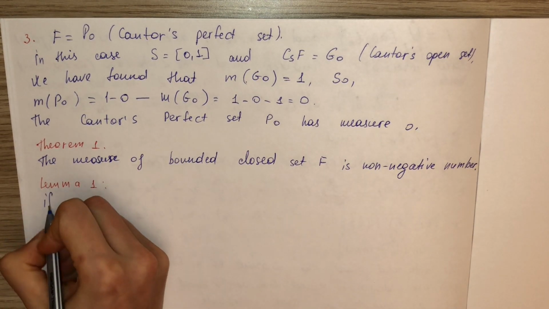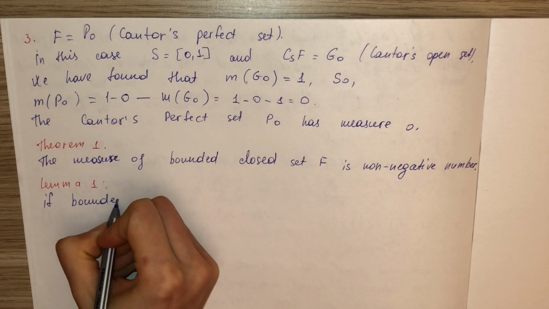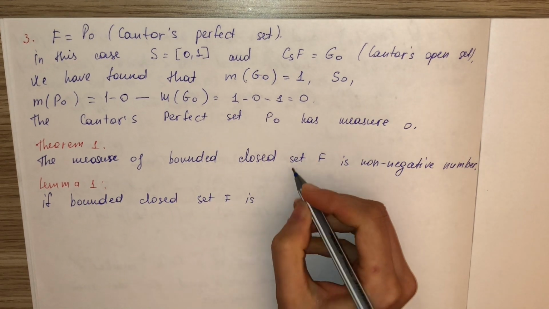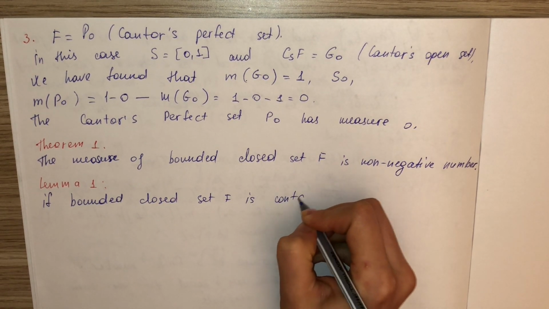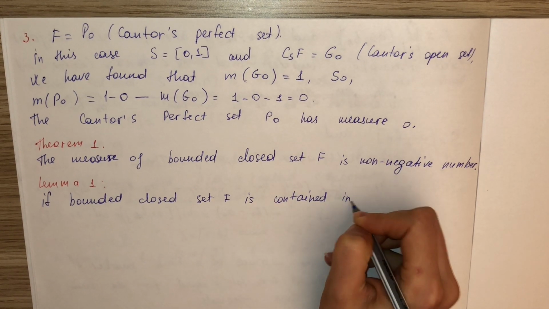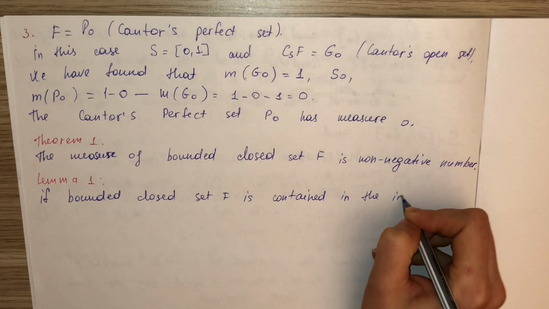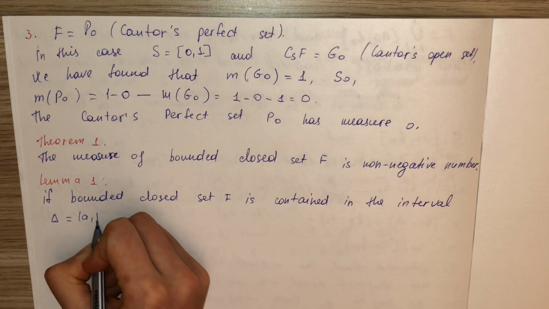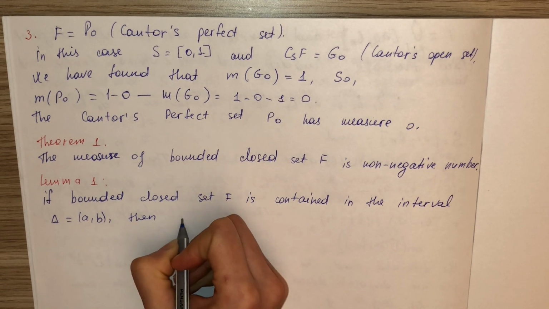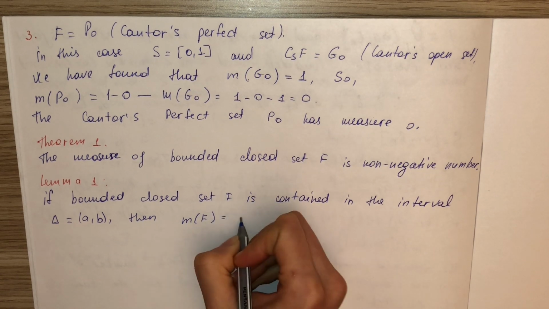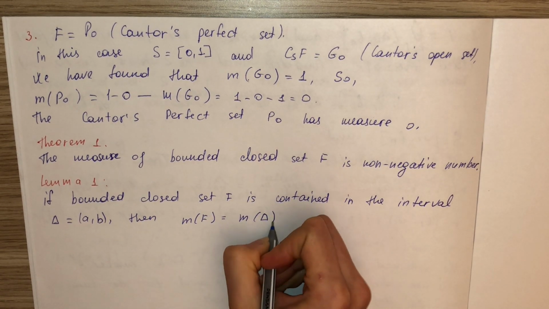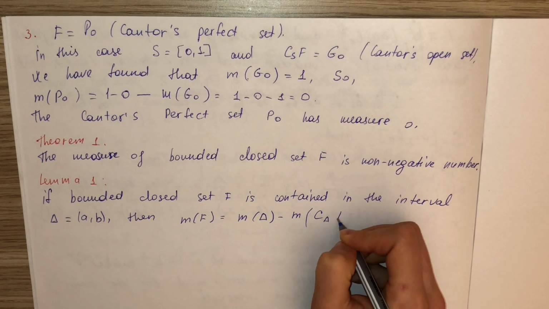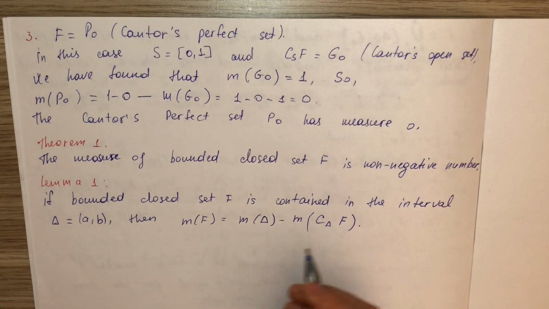If a bounded closed set F is contained in the interval delta, which is equal to [a, b], then the measure of F is equal to the measure of delta minus the measure of the component of F with respect to delta.